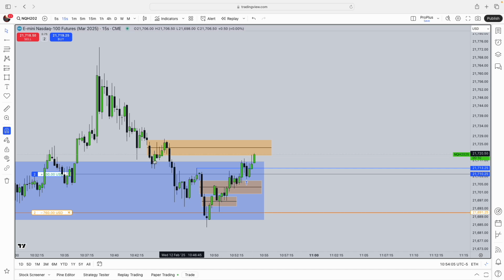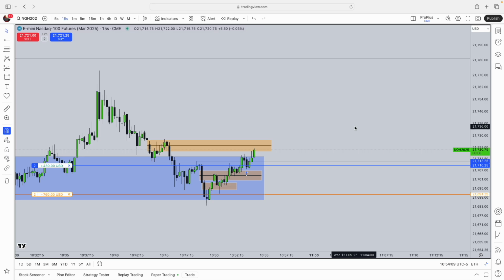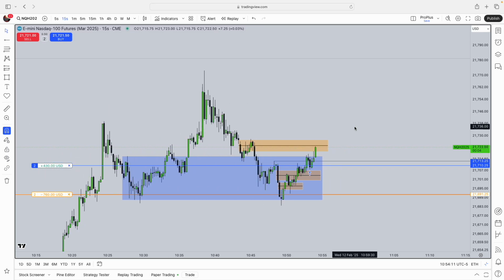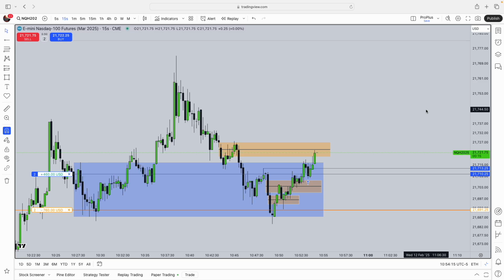Potentially get another entry on this inversion fair value gap, but we shall see. Little volume imbalance there.